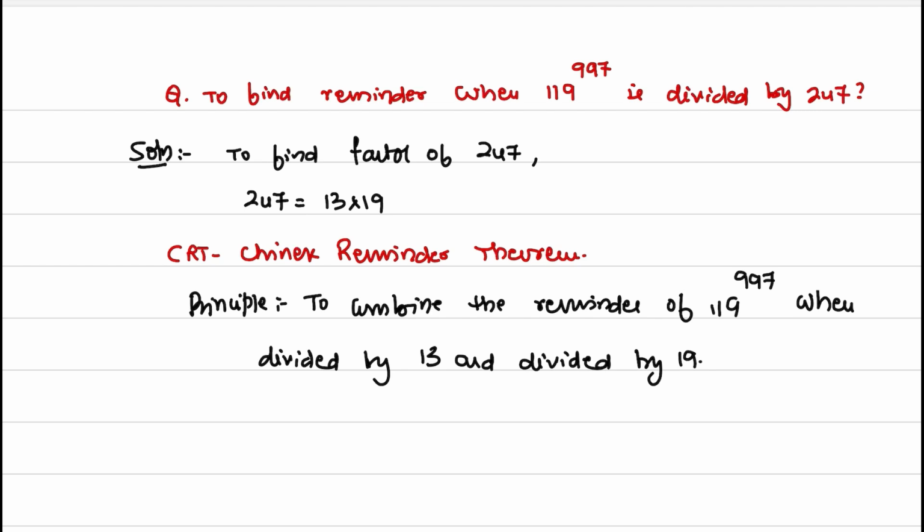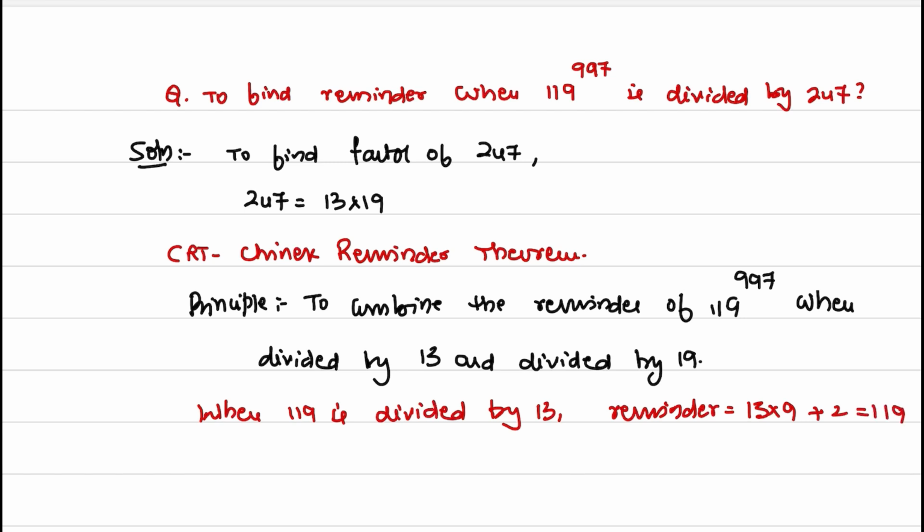For finding 119 to the power of 997, let us find what will be the remainder when 119 is divided by 13. 13 into 9 is 117. 117 plus 2 is 119.